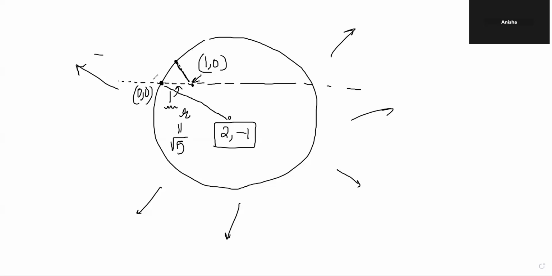So let's say that point z naught is some x plus iy. This is your z naught. From here, it looks like it should lie on this line.